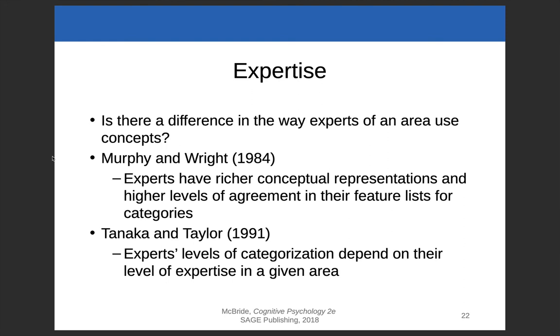Tanaka and Taylor '91 showed that experts' levels of categorization depend on their level of expertise in a given area. So new experts are going to categorize things much differently than seasoned long-term experts will, again based on their experience and the work they've put into understanding and processing more information over time.